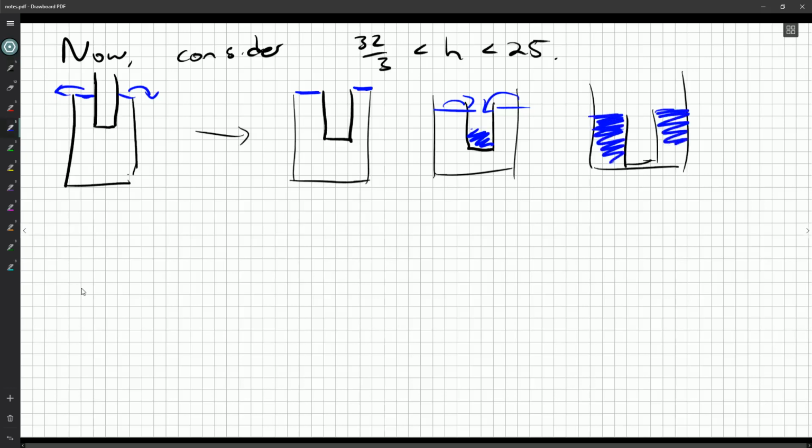The water level in B is going to be some height. We just need that height to be less than H.